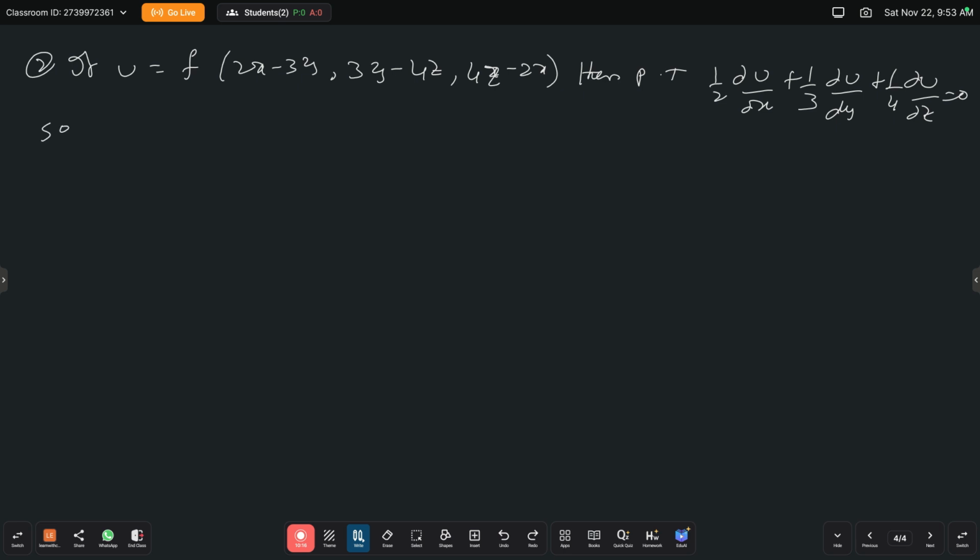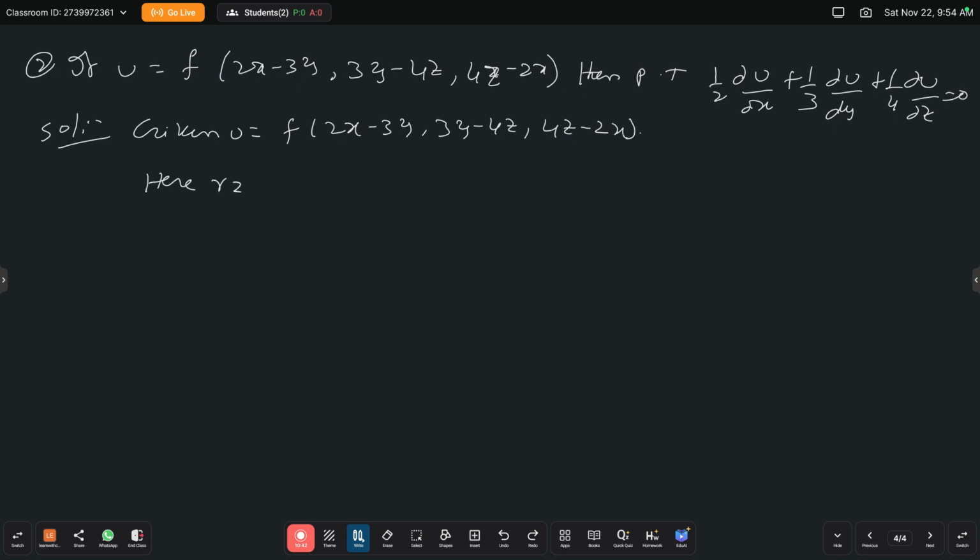Now the solution. The given function u depends on the three variables x, y, z: u is equal to f of (2x minus 3y, 3y minus 4z, 4z minus 2x). Here we can take r, s and t as references.